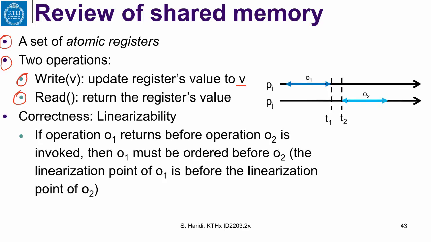What we are interested in this unit and the next units is linearizable shared memory. So let us remember the correctness condition of linearizability. Linearizability requires the following: if an operation O1 returns before the invocation of operation O2, here is the response of O1 and here is the invocation of O2, then O1 must be ordered before O2 in the history or the execution.